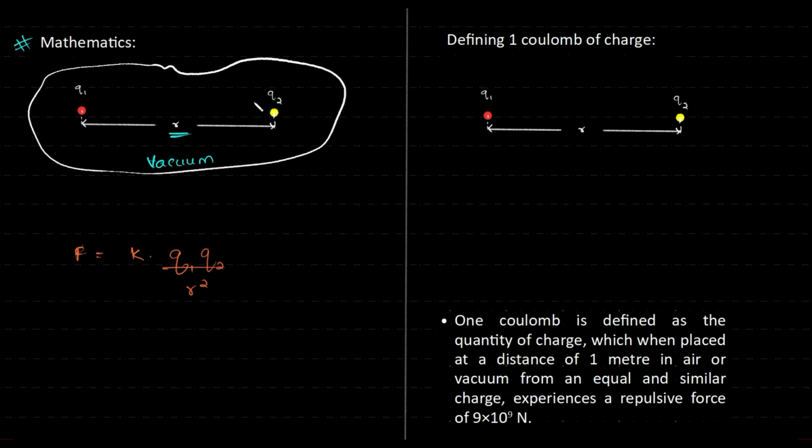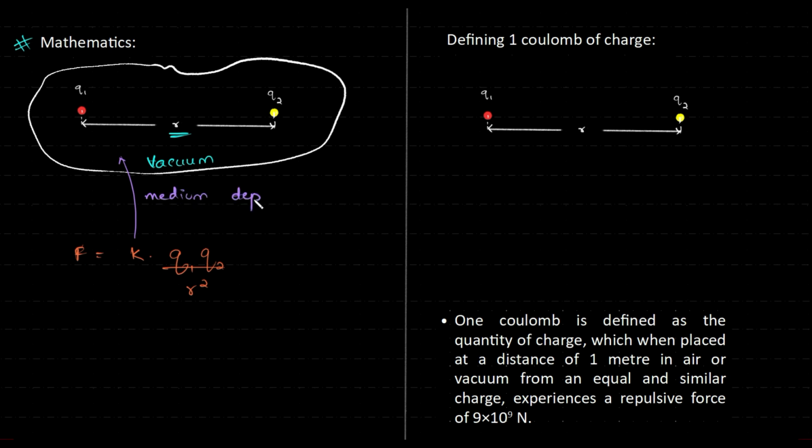Let me put it in a simpler manner. If I keep two charges in water, the amount of attraction is not the same as when we keep them in vacuum. As simple as that.